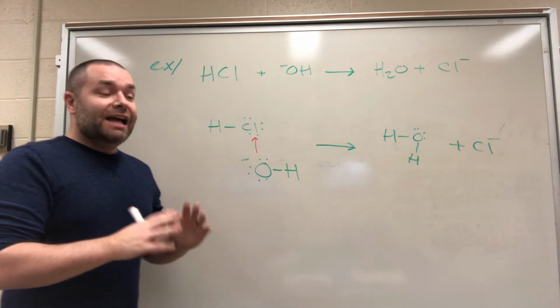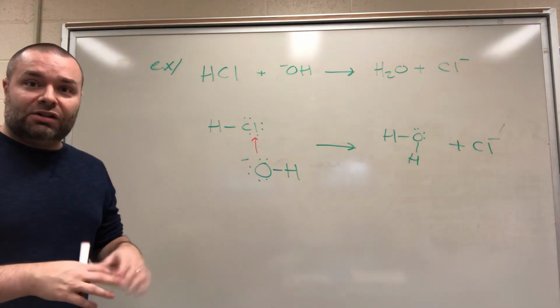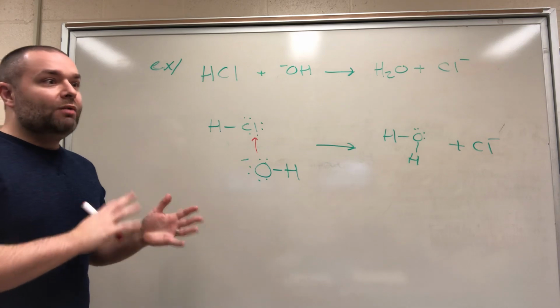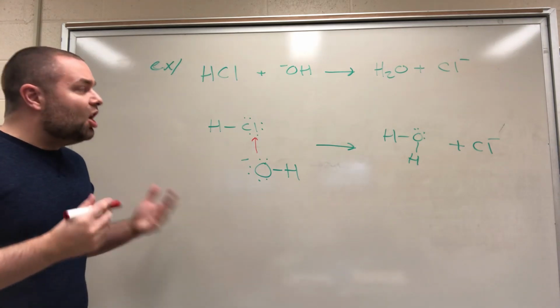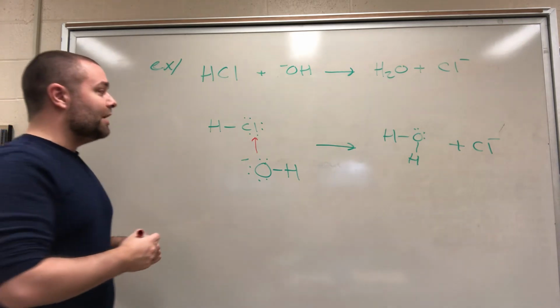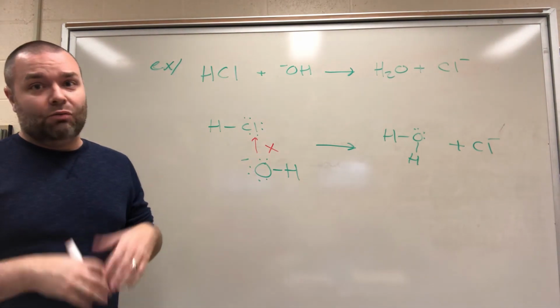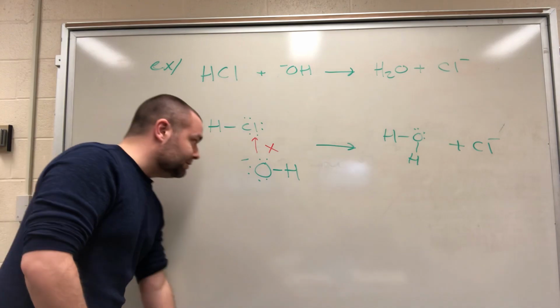That's a collision, and it might be a hard collision, it might have a lot of energy, but it's a collision that's not going to give us what we want in terms of a product. It's an unsuccessful collision. So this is actually not useful. It'll happen in solution, but it won't get us to products.